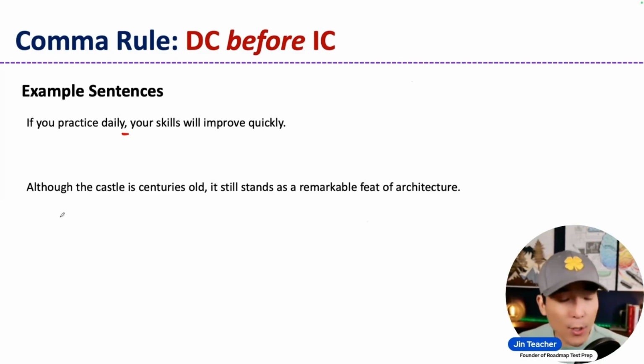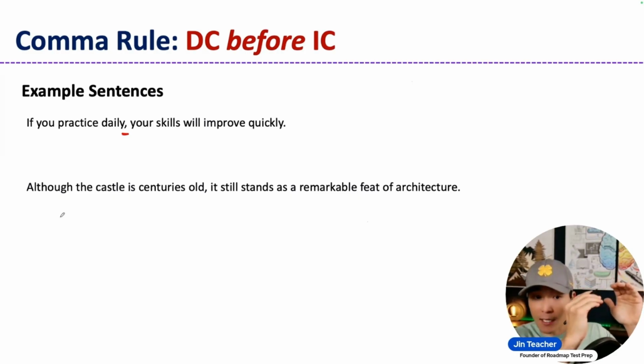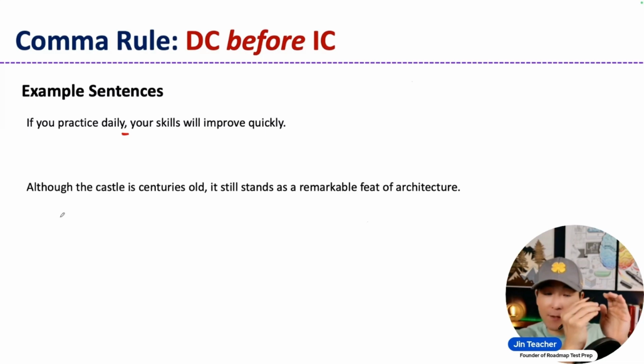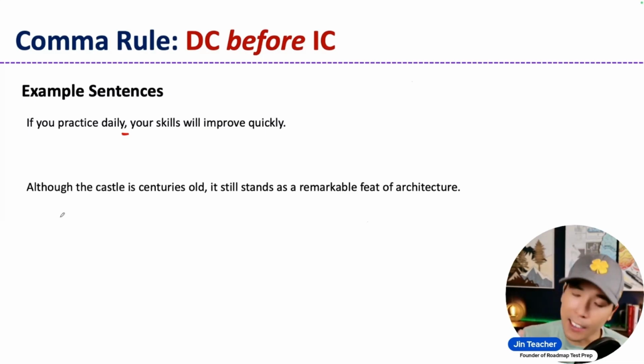Now, oftentimes what you're going to notice, you guys, is punctuation marks are used to separate one component from another component, right? So punctuation marks can be used to separate a dependent clause, one component, from an independent clause, another component, right? It can be used to separate a phrase from a dependent clause, right? So punctuation marks, like commas, can be used to separate components, right?